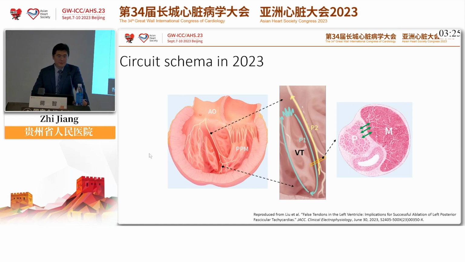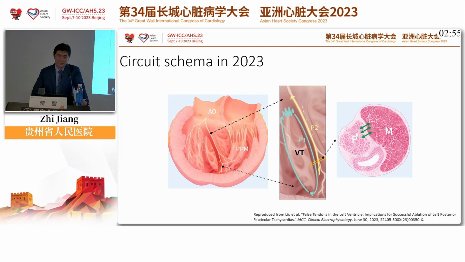Then they refined the circuit schema this year. A false tendon was included in the schema. The P1 and P2 fibers travel parallel in the false tendon, and the P1 is still the antegrade limb in the circuit. At some level of this P1 P2 false tendon, the insulation could be broken.